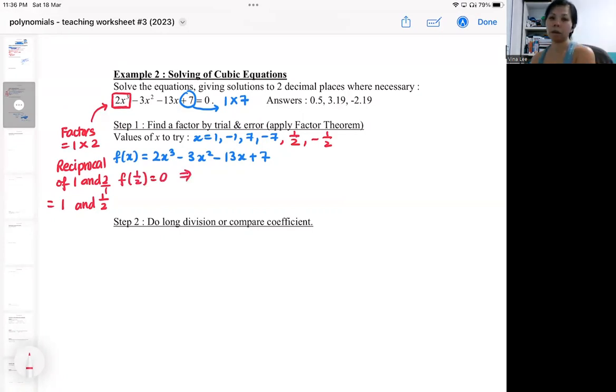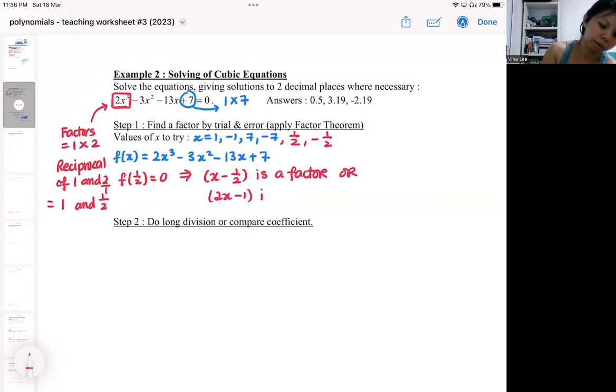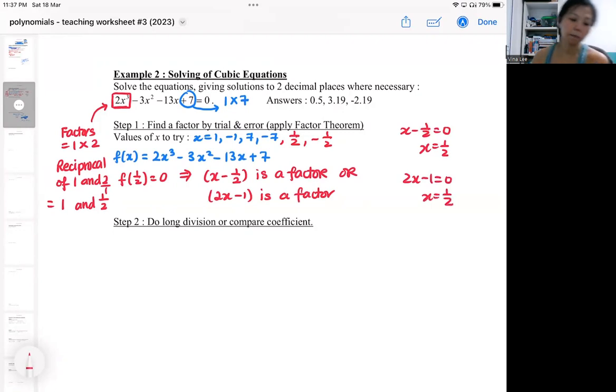When x equal to half gives you 0, you can have two possible conclusions: x minus half is a factor, or 2x minus 1 is a factor. If you let the factor equal to 0, you still get the half, so both are okay.